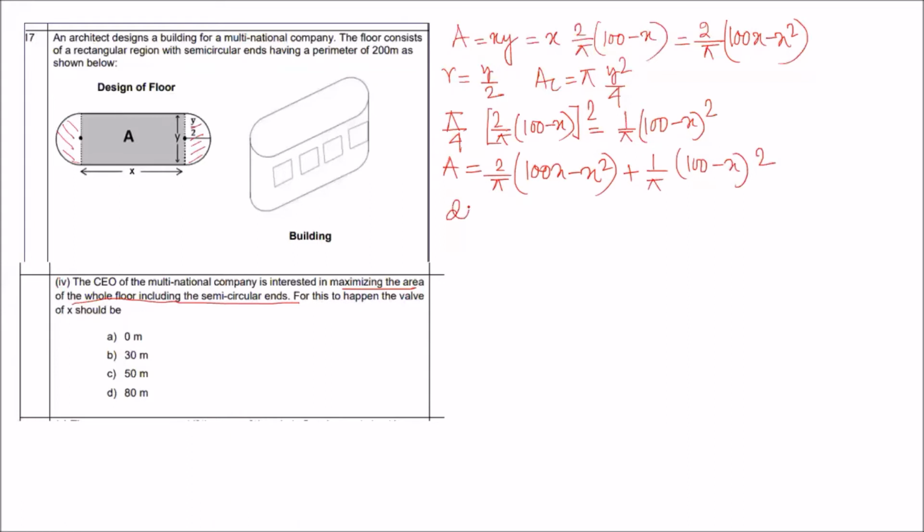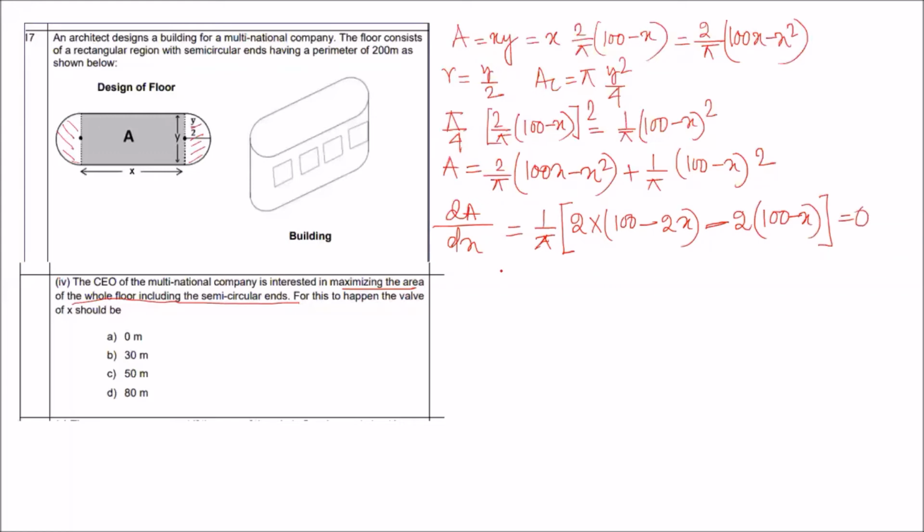Now dA by dx is 0. So 1 by pi I am taking outside. It will be 2 into (x derivative is 1) so it will be 100 minus 2x. And here how much it will be? It will be minus 2 into (100 minus x). This is equal to 0.